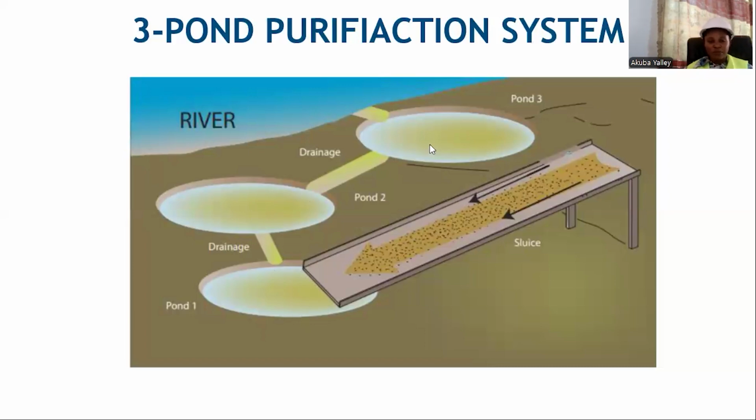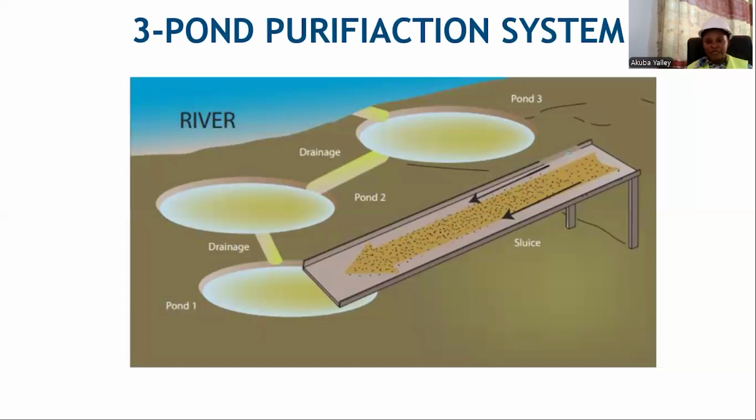Before it gets to pond 3, we'll have the condition of the heavy metals and the chemicals reduced to fall within standards. So at this point, even the clean water, apart from being reused in the operations, could be used for agricultural purposes.